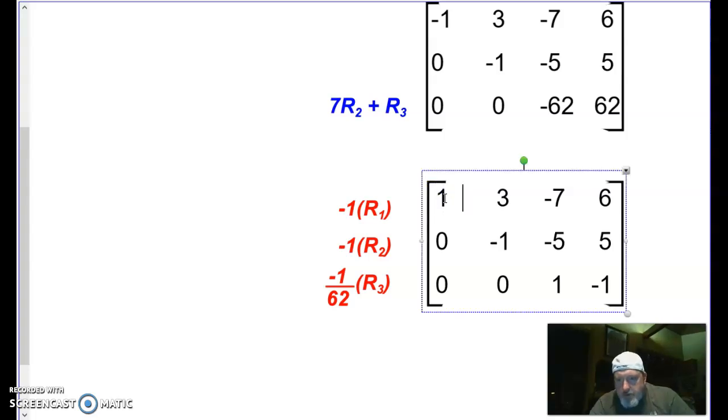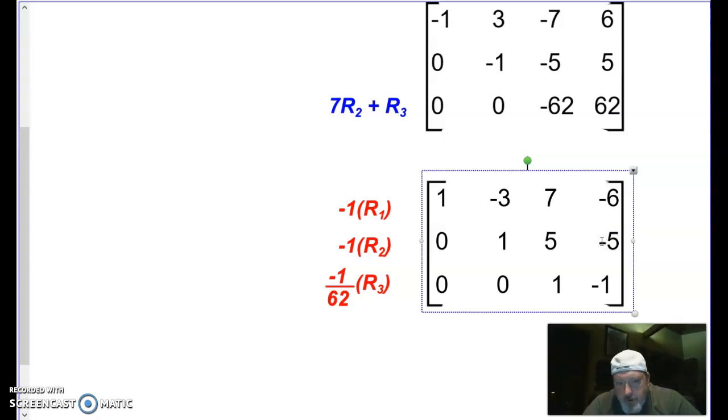This will be 1. This will be negative 3, positive 7, and negative 6. If I do the same thing to the middle row, if I multiply by negative 1, the 0 stays the same. This will be positive 1, positive 5, and negative 5.